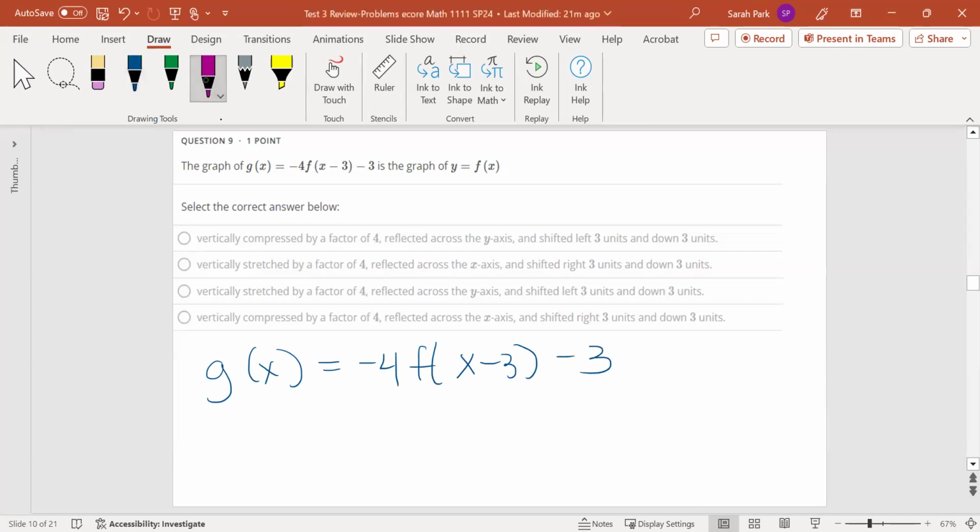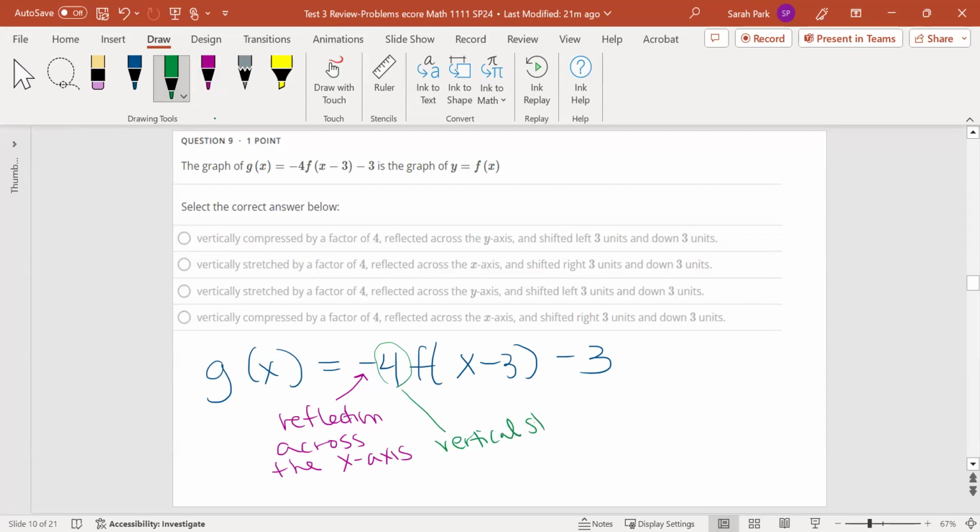If you have a negative in front of the function, this is telling me that there is a reflection across the x-axis. This 4 here is telling me that it's a vertical stretch by 4. And this minus 3 inside the parentheses tells me that it's a horizontal shift.